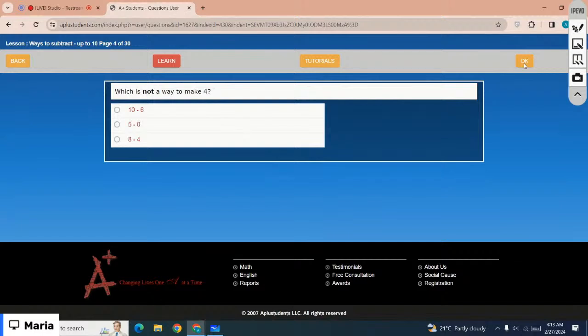Which is not a way to make 4. You don't have to make 4, right? So which is the correct option?